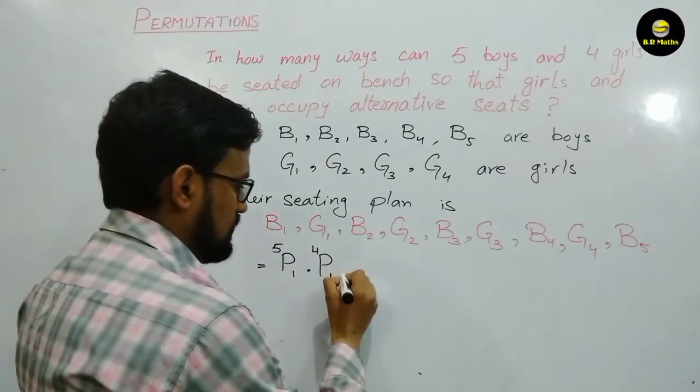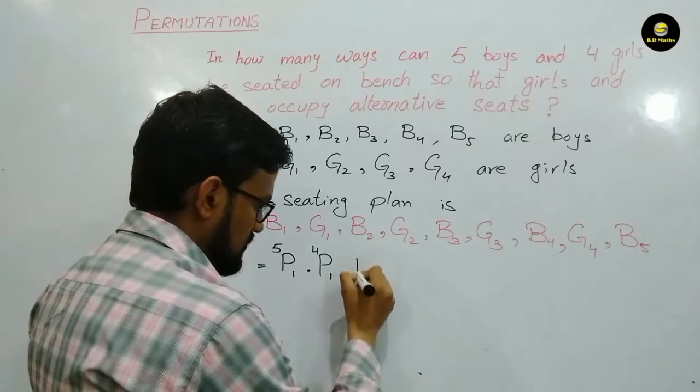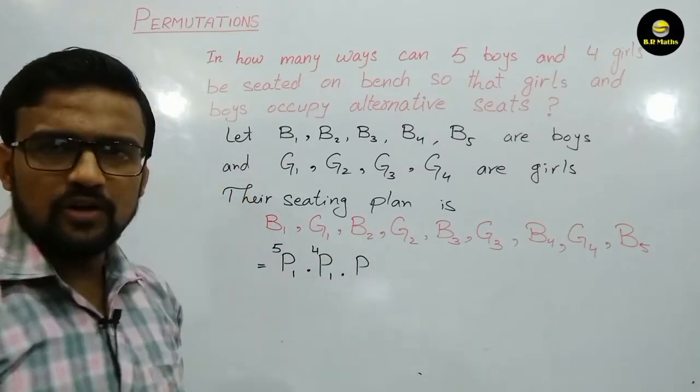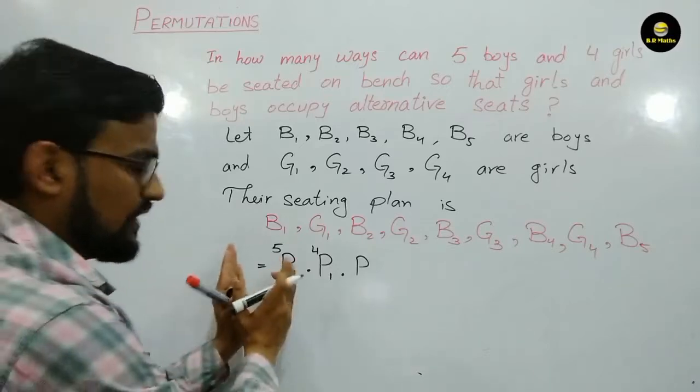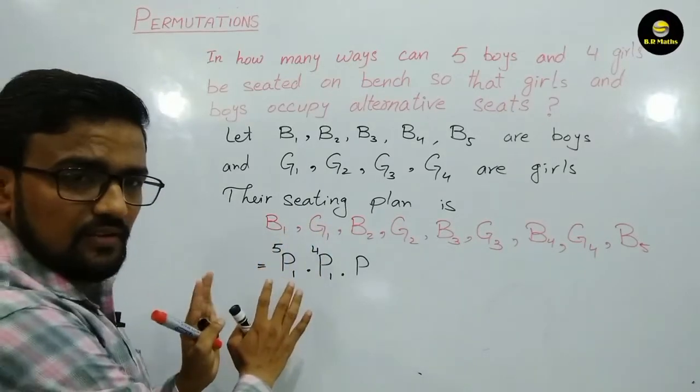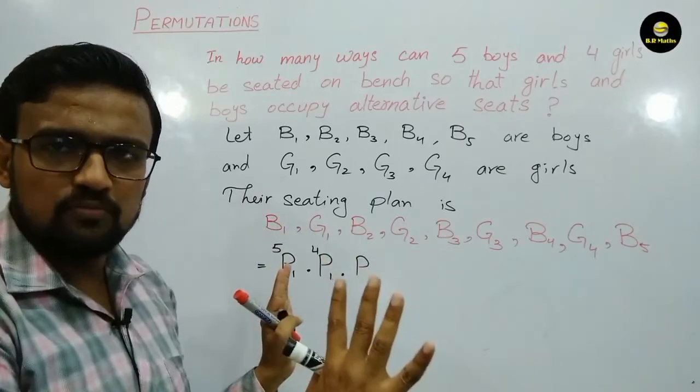Next, boys. Yes students, now how many boys are left? Students, understand this one. One boy booked a seat, so the remaining are 4 boys.